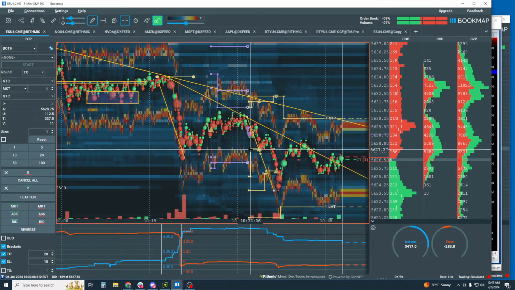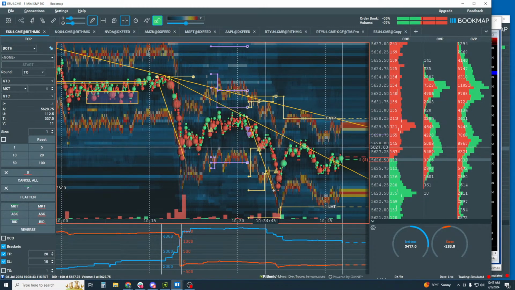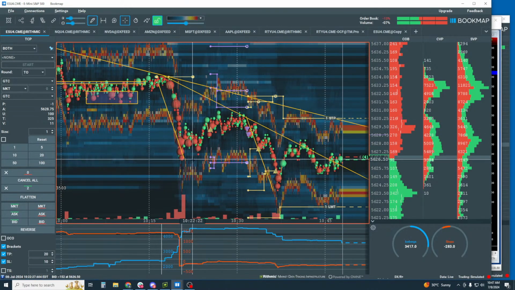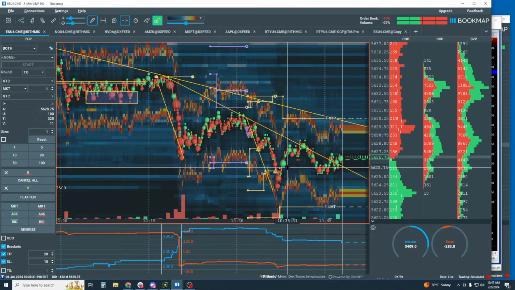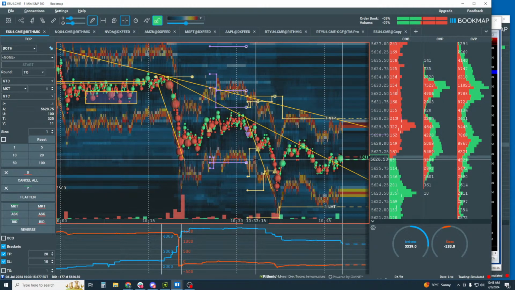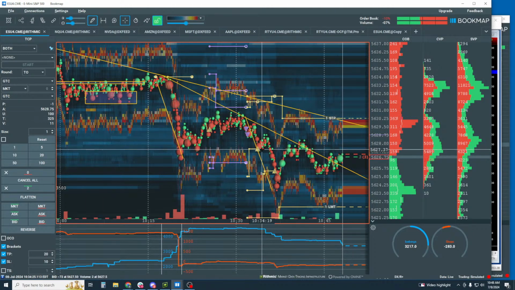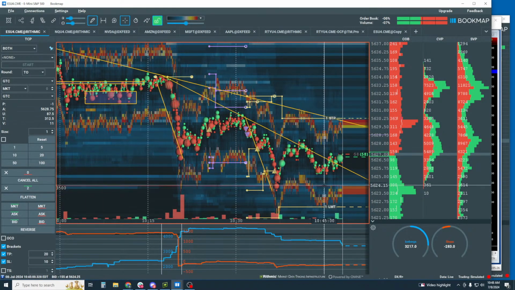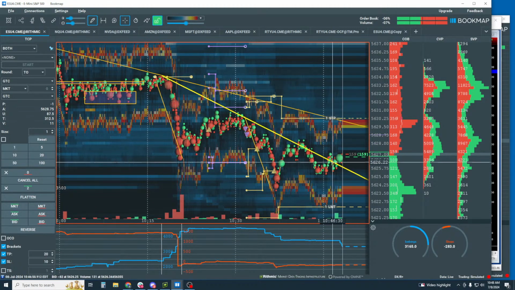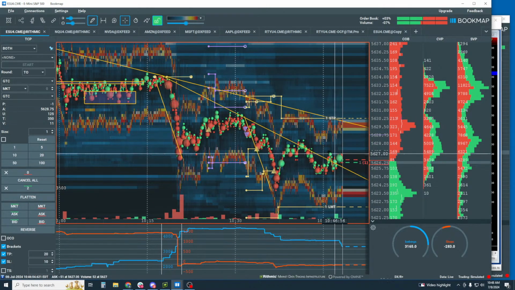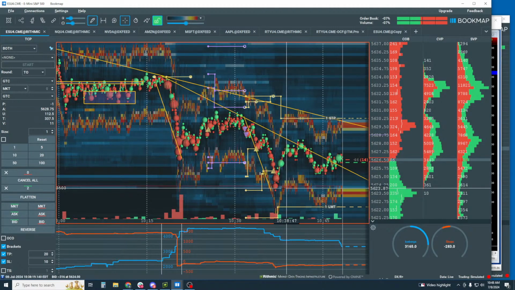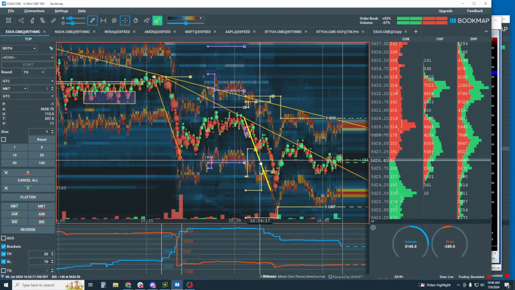And why I say that is a lot of times what you'll get is kind of a diminishing move over time. So the big move happens here, the strong consistent move. The next one is a little less strong, and the next one maybe you start to see those pockets of buyers coming in, like in here right now, and then you see less sellers. Maybe it's going to be half of this move in here.